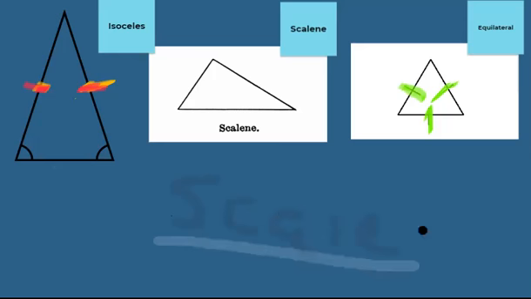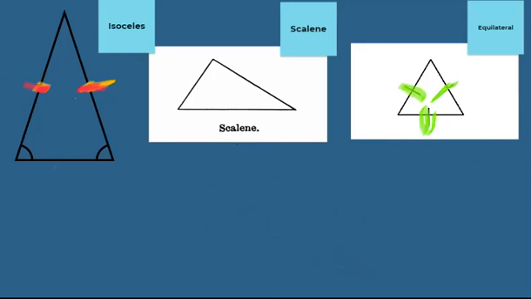Okay, yeah, that looks a little better. So scale is the word you can take from scalene. And so, like I said, if we all get on a scale, then we would not have the same exact weight. So that's just one way to remember it.